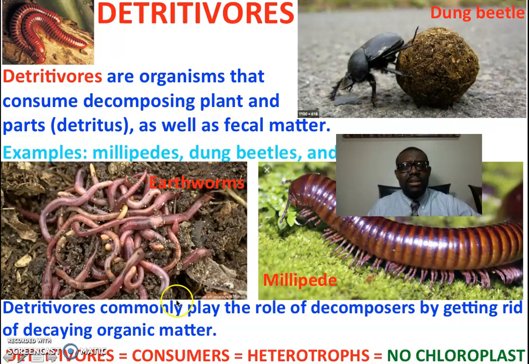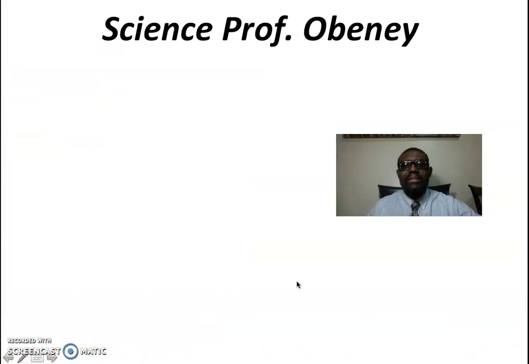Detritivores commonly play the role of decomposers by getting rid of decaying organic matter. Detritivores are consumers and heterotrophs. That means they have no chloroplasts.